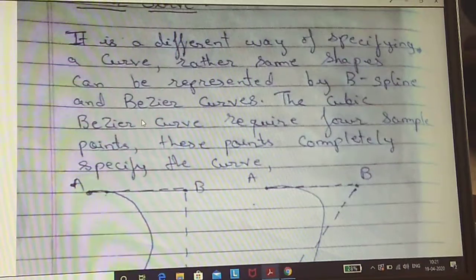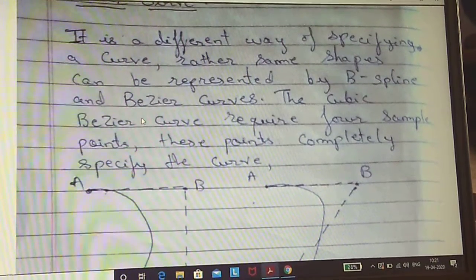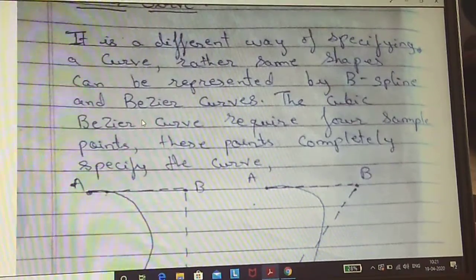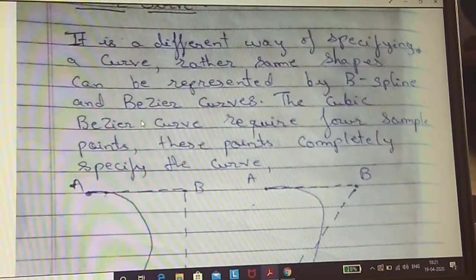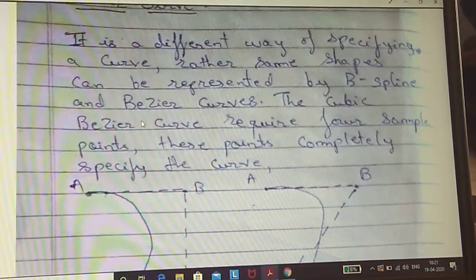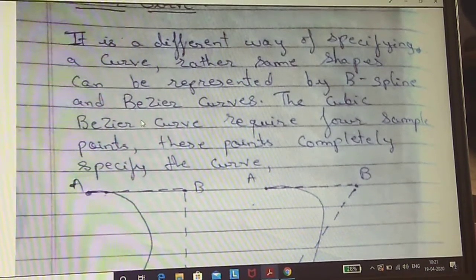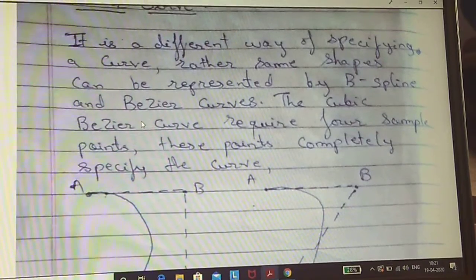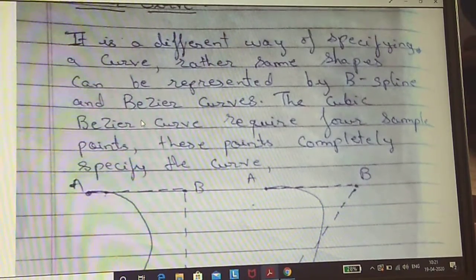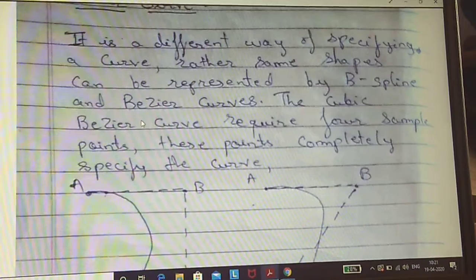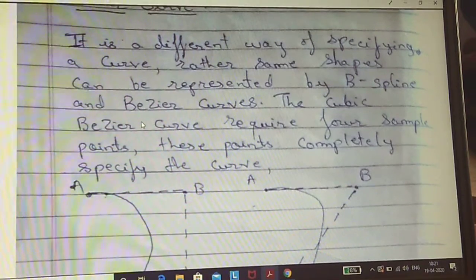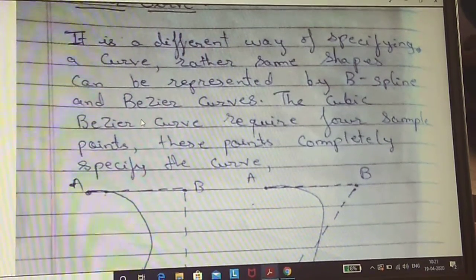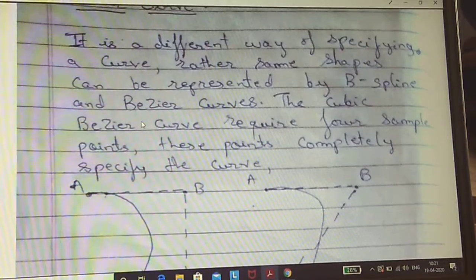The direction of the tangent vector at the end point is the same as that of the vector determined by the first and the last segment. The curve lies entirely within the convex hull formed by the 4 control points. The convex hull property for a Bezier curve ensures that the polynomial smoothly follows the control points. The curve exhibits the variation diminishing property.